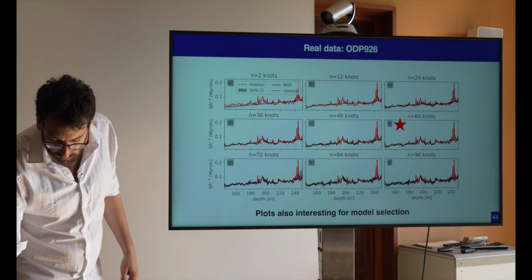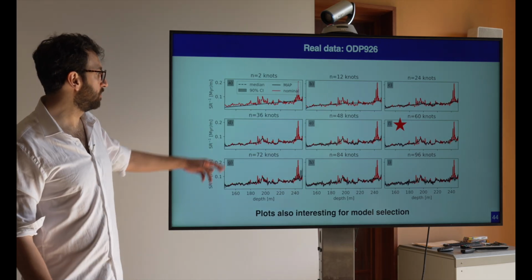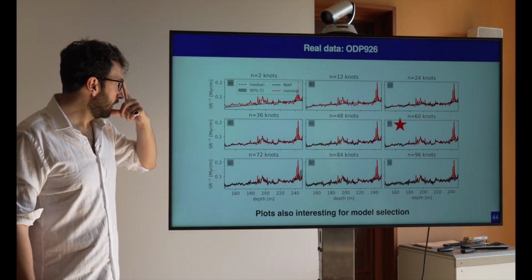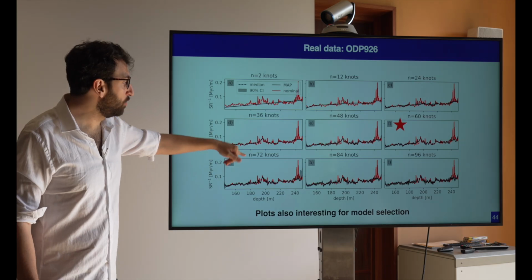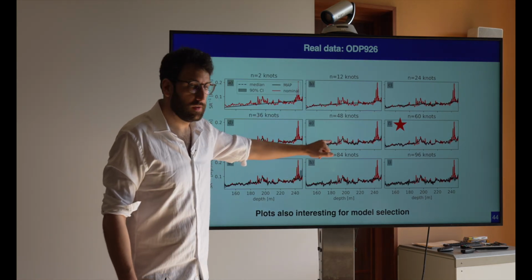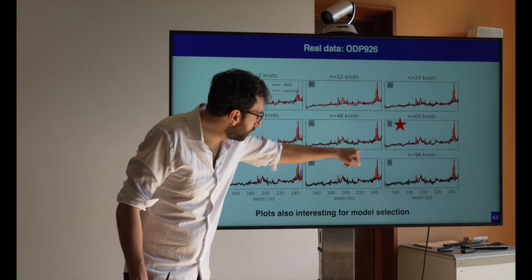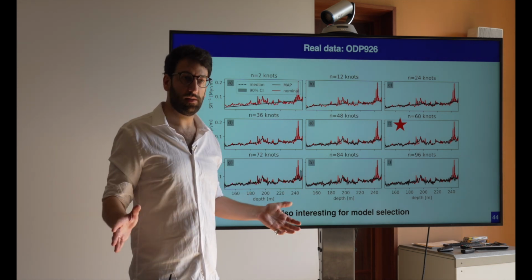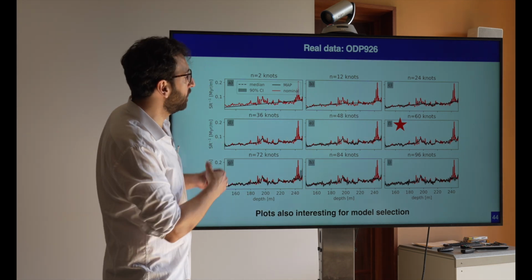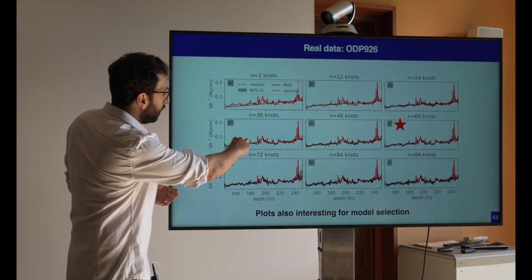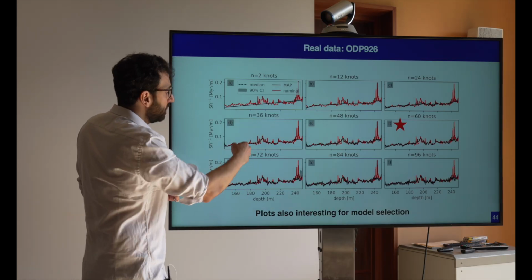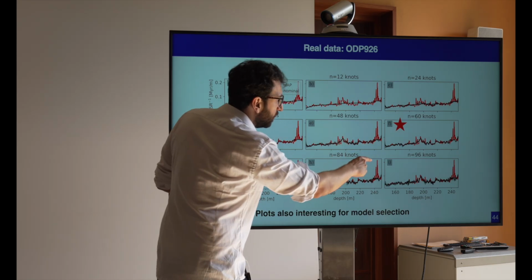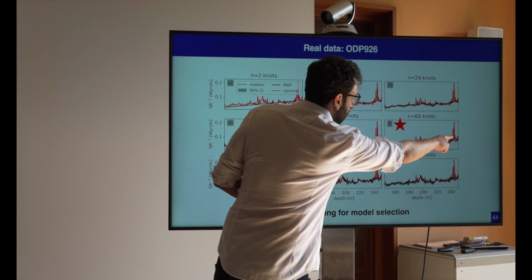I also want to suggest using this type of plots for model selection. So now you know that the error bars are reliable, that the solution of the genetic algorithm is reliable. You take it as is because you've ascertained the convergence. And in that case, you see that at some point, as you keep increasing the number of knots, the solution seems to capture the same things.